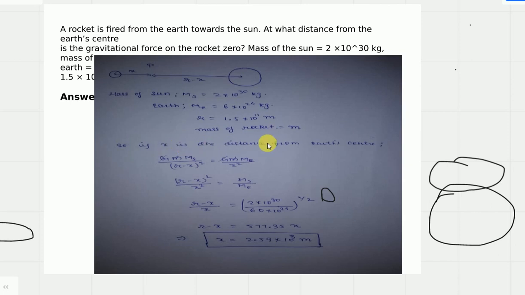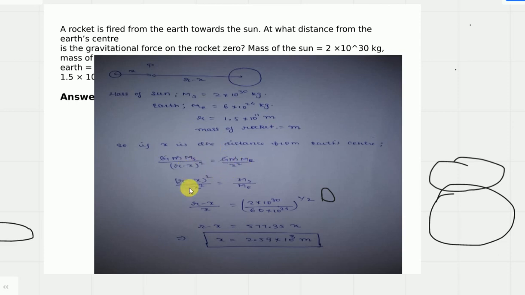If x is the distance from the Earth's center, then the gravitational force between the Sun and the rocket is G m Ms divided by (r minus x) whole square, and that will be equal to G m Me divided by x square.